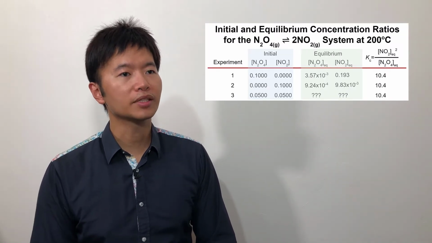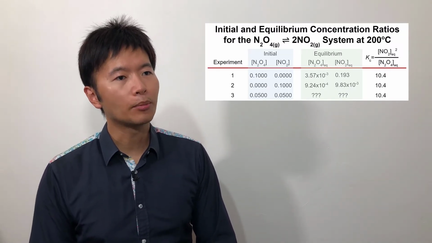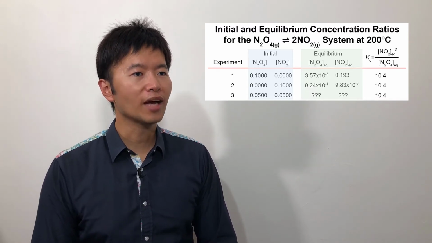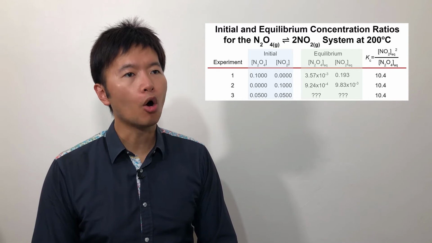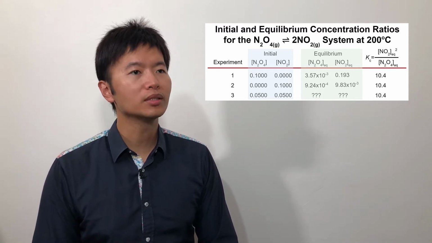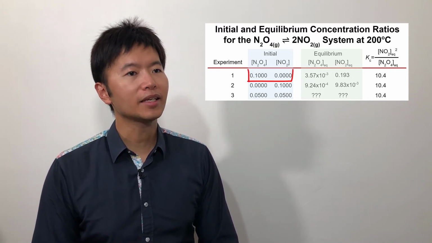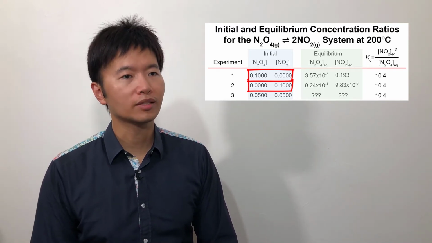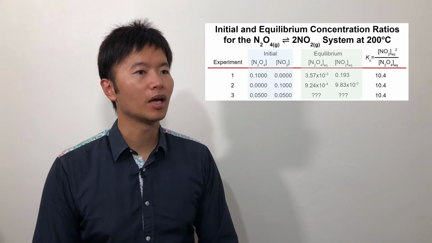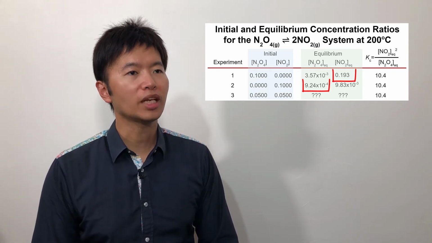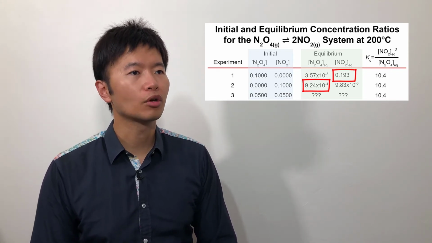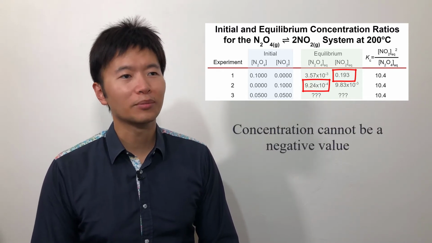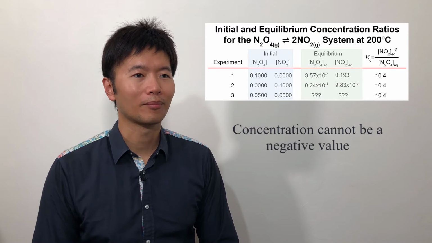In the previous example of the decomposition of dinitrogen tetroxide, we have seen the reaction can only proceed in one direction. We either had the presence of reactants or the presence of products, and therefore the reaction had to go in a certain direction because we could not lose something we did not have.